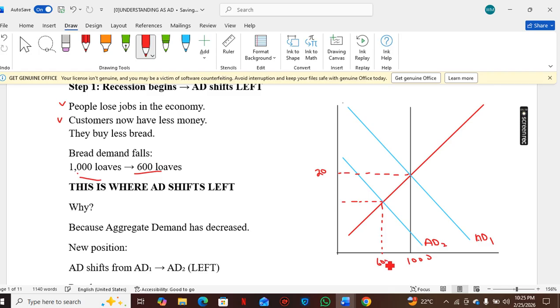Now colleagues, you are the bakery again. Since you're producing less bread, are you going to keep all 10 workers there? What would you do with your workers? You lay off some.